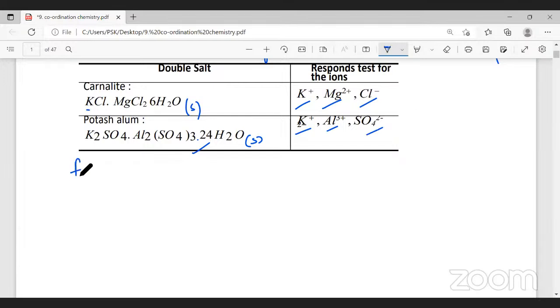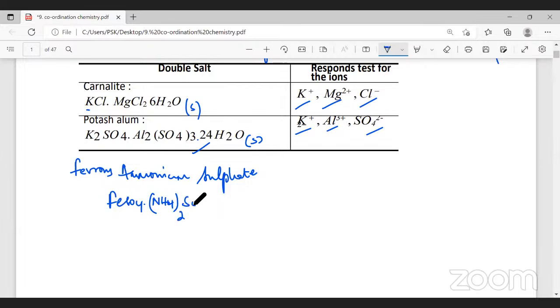Likewise, one more example, ferrous ammonium sulfate. This ferrous ammonium sulfate is also an example of a double salt. It is a combination of ferrous sulfate and ammonium sulfate, dot 6H2O.